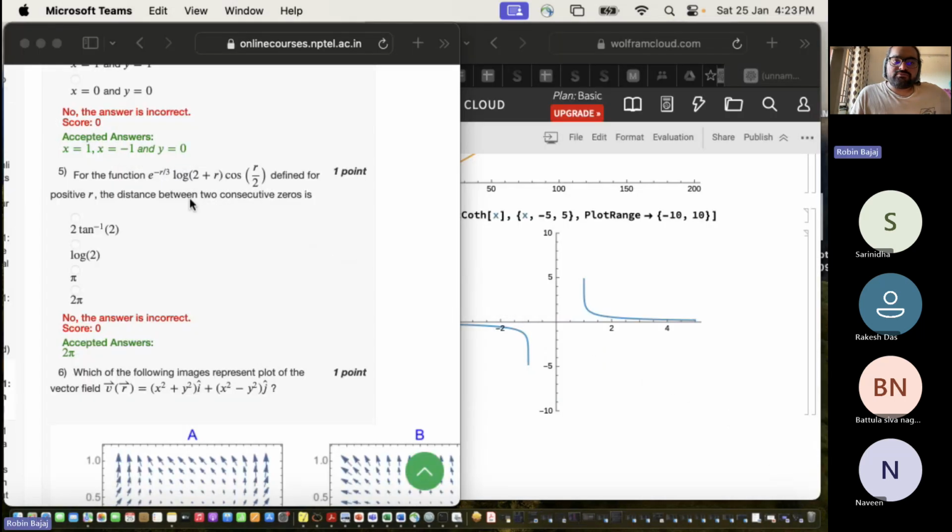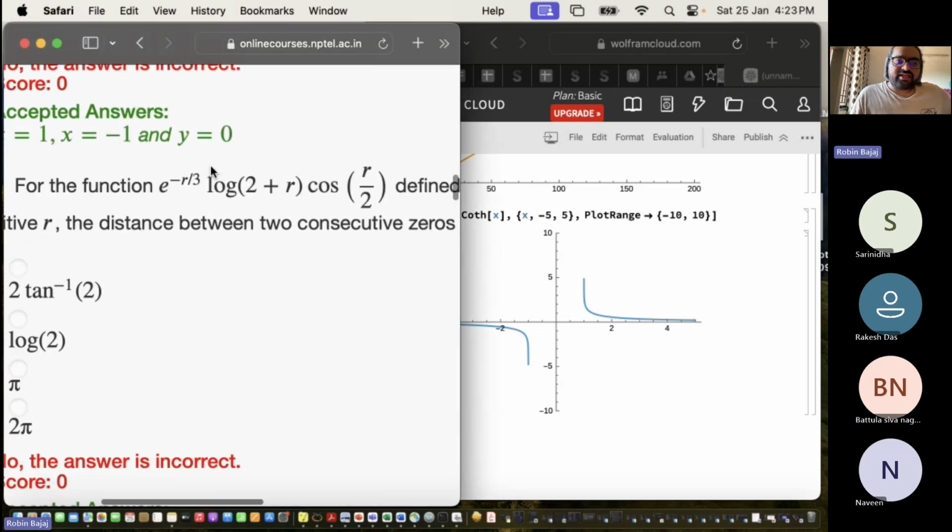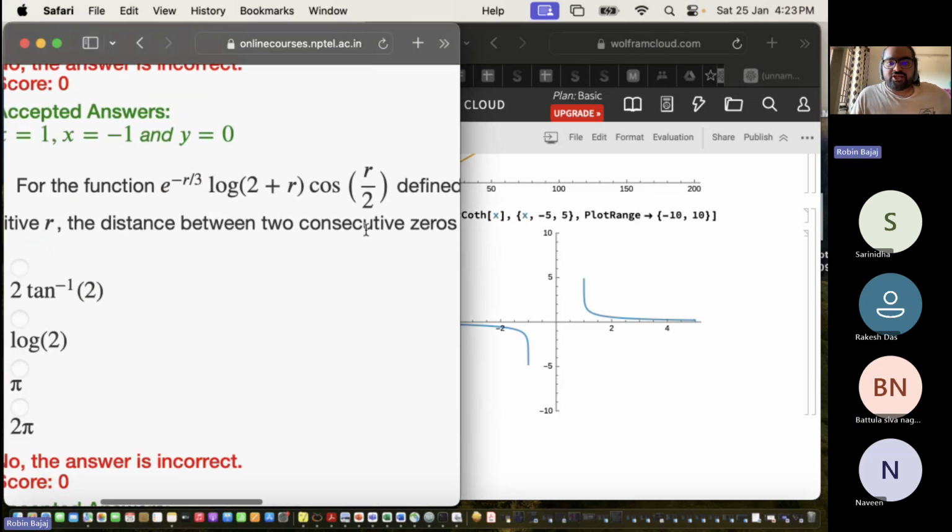So this problem, this function, do you really need Mathematica for that? To find the distance between two consecutive zeros, basically the points where this function intersects the x-axis. Those two consecutive points where it intersects the x-axis, what is the distance between them? Do you really need Mathematica to find those points?